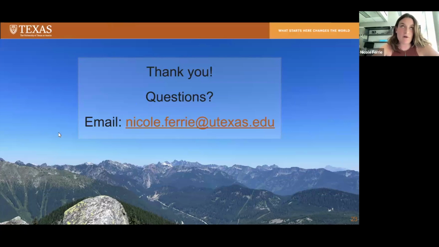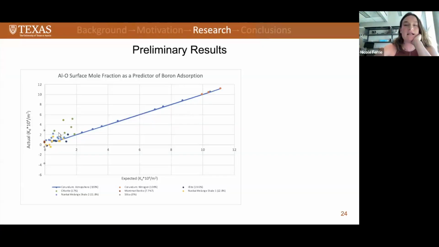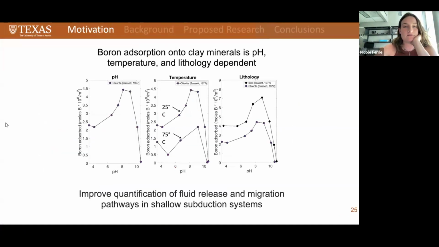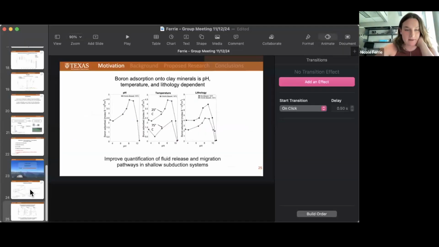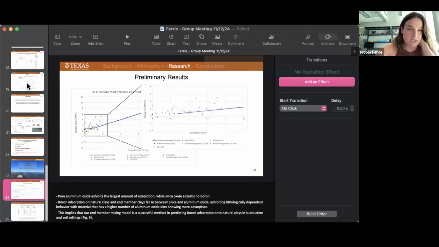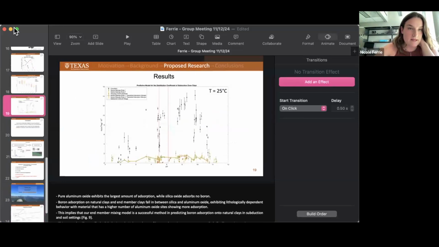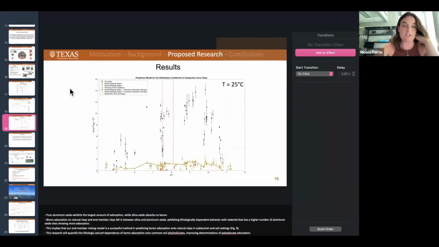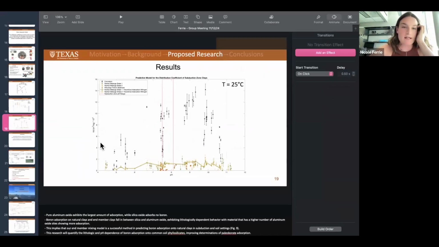Yeah, so the surface area will change, but something that I didn't mention is that our results are actually normalized for surface area. And so that's where this meter squared is. So basically there's this process called Brunauer, Emmett, and Teller surface area analysis where you can put your material into this machine and it'll give you the surface area.